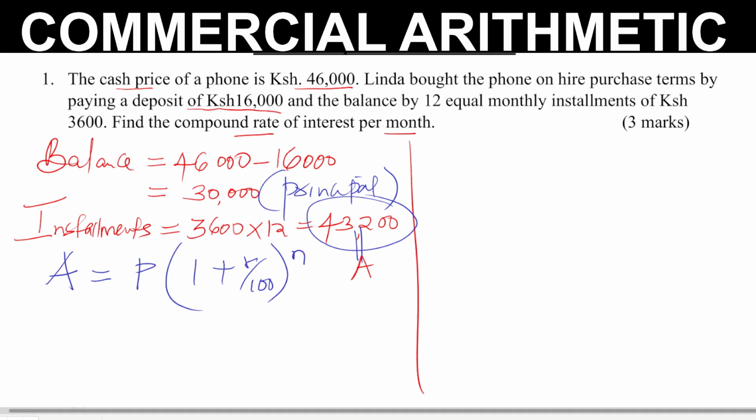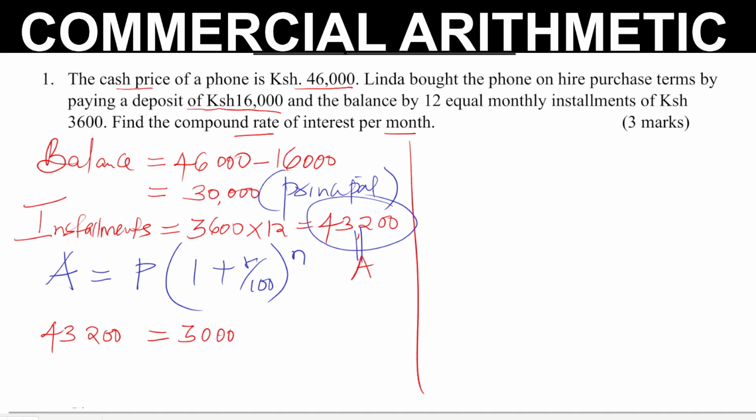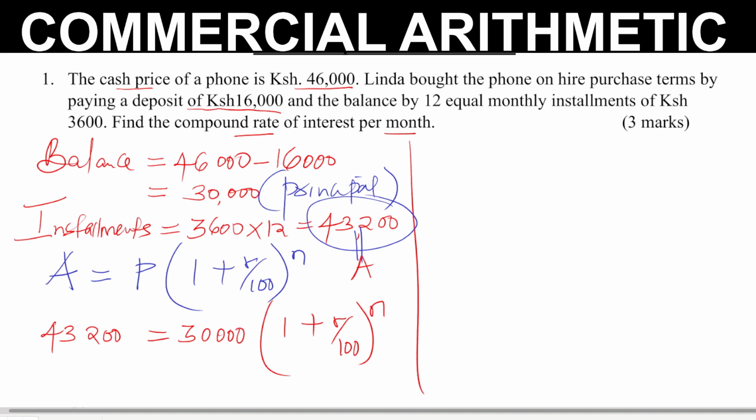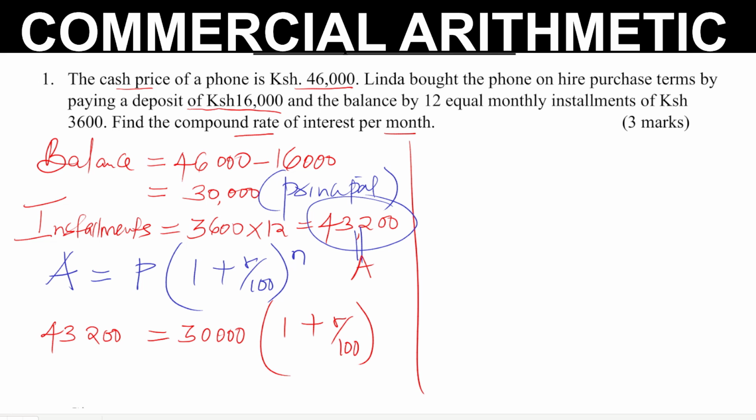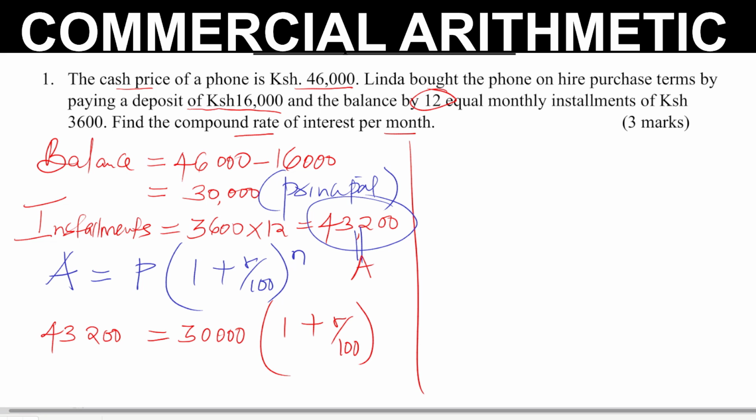So we substitute that in the formula. 43,200 is equals to principal balance, which is 30,000, then you multiply by 1 plus r over 100 raised to power n. In this case, n is the period through which the installments were made, which is 12 equal months. So n will be 12, the period 12 months.